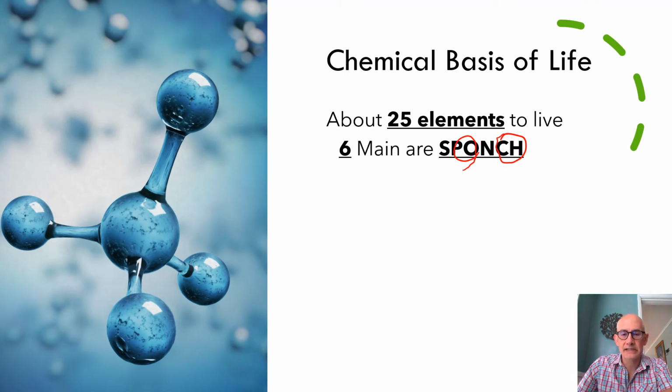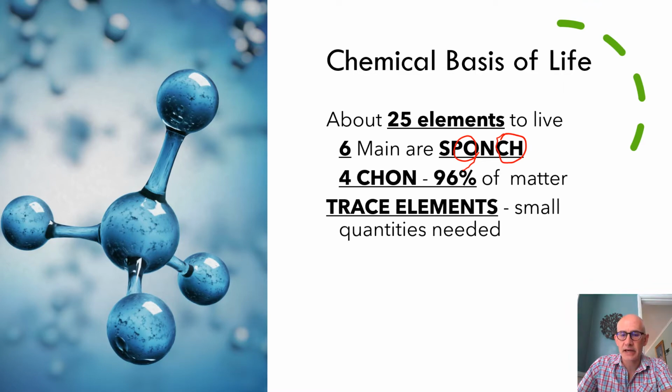Other than these main six, you have trace elements that are going to be important to make things like enzymes function. So you need things like copper, you need zinc, but only in very minute quantities. So you don't need to go eating pennies or eating nails. You also need things like iron for hemoglobin.